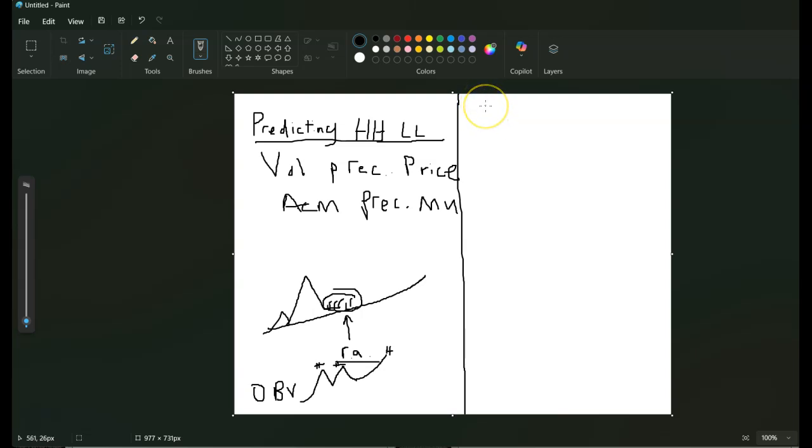So on the hourly, for example, you can put the unbalanced volume on it and look for higher highs occurring while price is in consolidation. It's that straightforward. So let's just go into some examples.